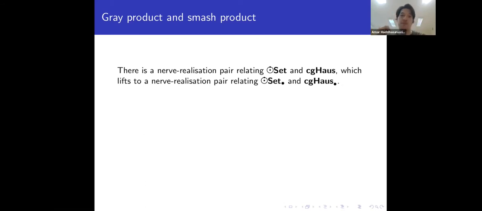So now there is a nice geometric realization of this category of atoms, which extends to a nerve and realization pair between the category of diagrammatic sets and the category of spaces, and that also lifts to an adjunction relating pointed diagrammatic sets and pointed spaces.